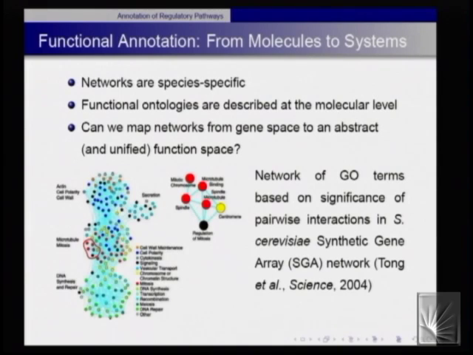Our work was inspired by a paper that was published in 2004. These people were trying to validate their network. They generated a network using a technique called synthetic gene array, and they were trying to show that this network is indeed functionally relevant.